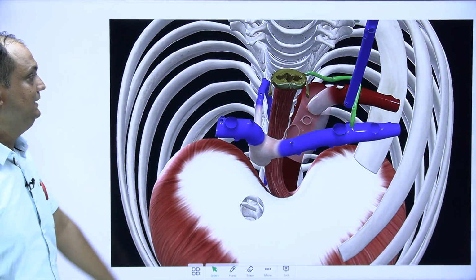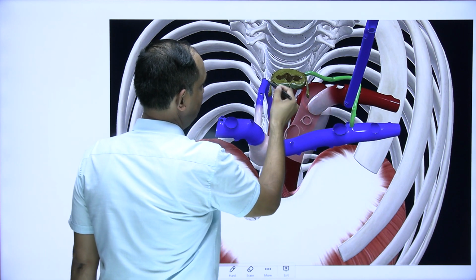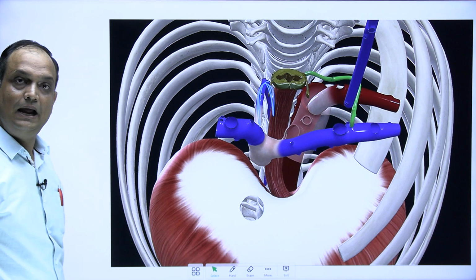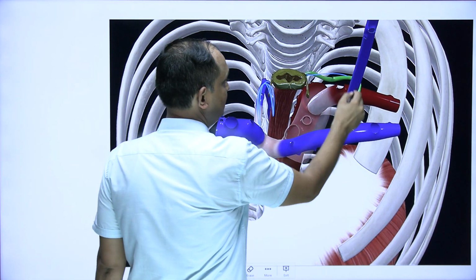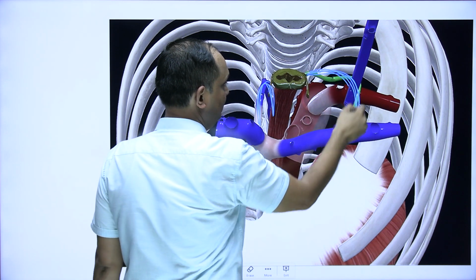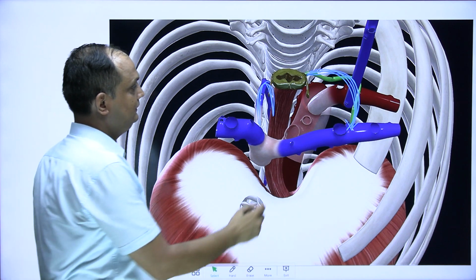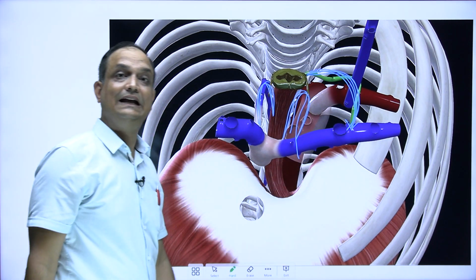Now here you can see that this is your azygous vein. This azygous vein makes an arch in the upper part on the right side, and then it will open into the superior vena cava. This is your thoracic duct which is making an arch, and it will open into the left side vein, and this is your arch of aorta, which is giving origin to the descending aorta.